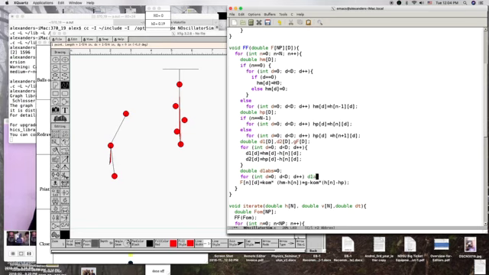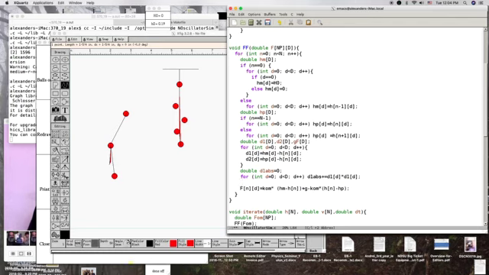Then d1 plus equals d1 of d times d1 of d. So this would give us a scalar product of that vector, right? And then we can get the absolute value by taking the square root. There may be ways of making this faster, but this is just very practical.